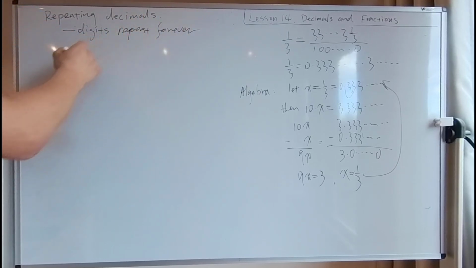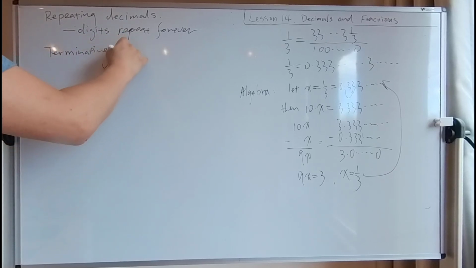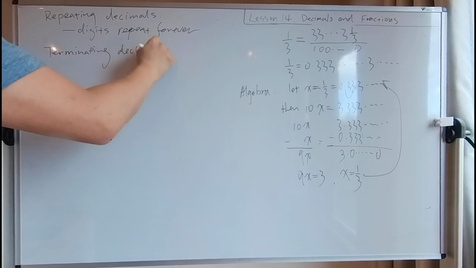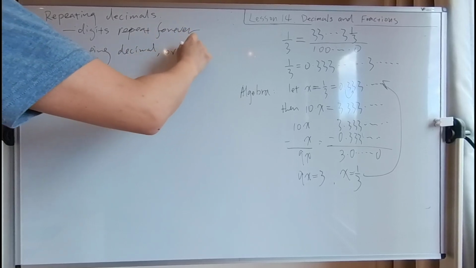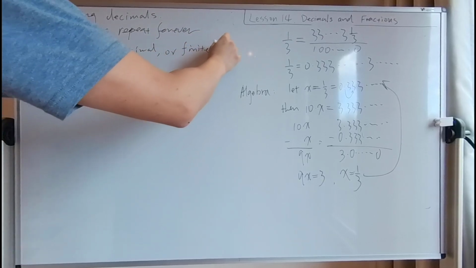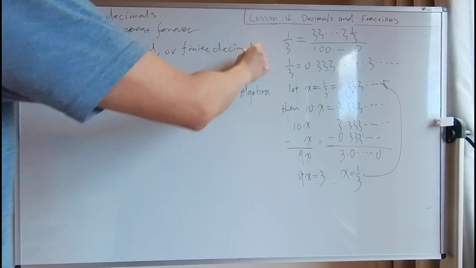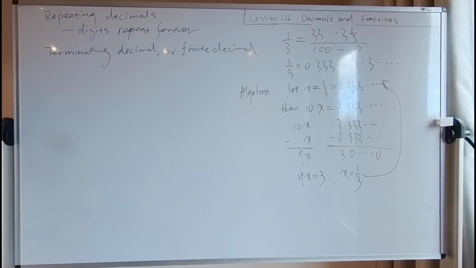It's infinitely many, so it repeats forever. The other scenario we call a terminating decimal, or finite decimal. These are decimals that have a finite number of digits.